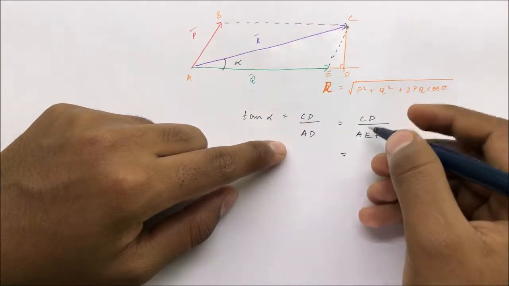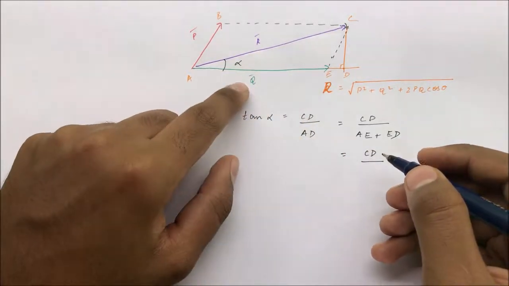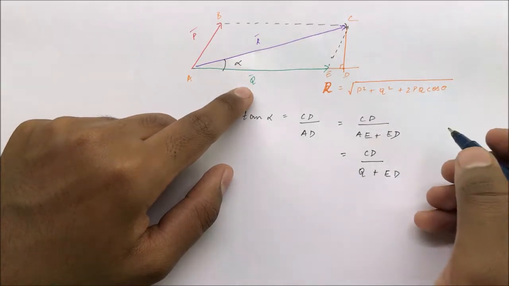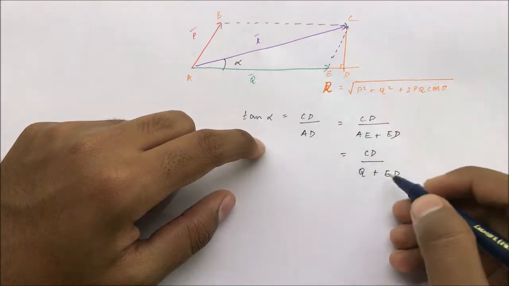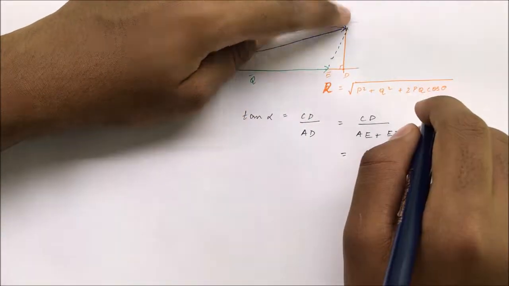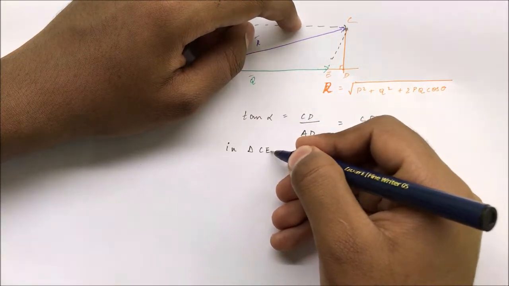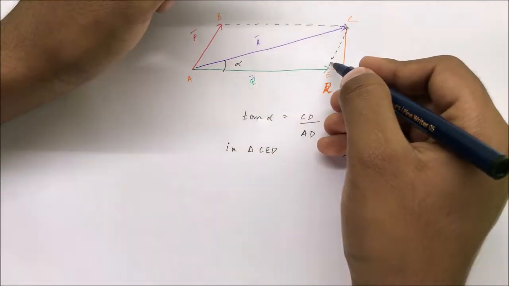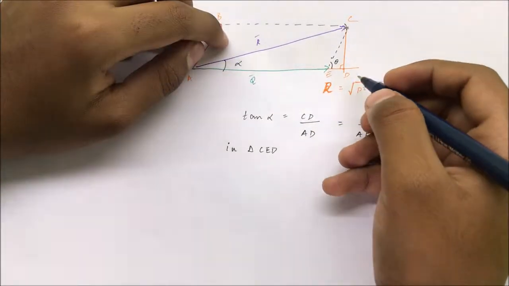So if you continue, CD we keep as it is, so tan alpha is CD by AE plus ED, where AE is nothing but Q. Now the only things stopping us from getting a good derivation are CD and ED. How do we express those in terms of vectors that we know? Once again, in triangle CED, this is theta, because the angle between P and Q is theta, so this is again theta.